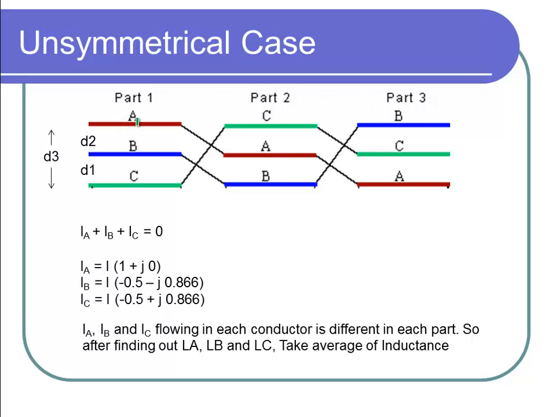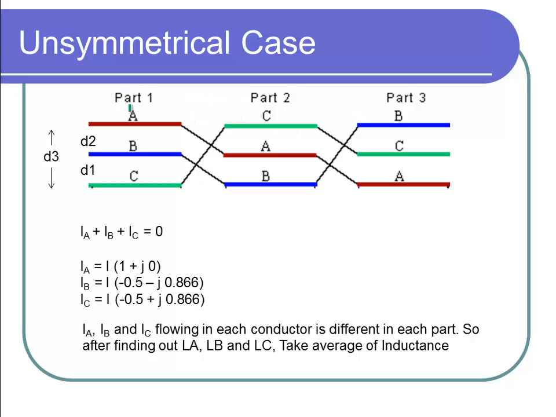In section 1 the conductor arrangement is ABC with distances D1, D2, D3, and in the same way in section 2 the arrangement is CAB, and in section 3 the arrangement is BCA. Again in section 4, that repeats the section 1 series, that is ABC. So one cycle completes within the 3 sections.